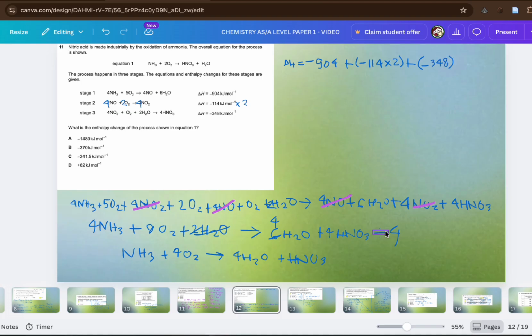Alrighty. Which results in negative 1480. Of course, we divided by 4 here, that means we have to divide it by 4 here as well. Which results in negative 370. Making our answer for this question B.